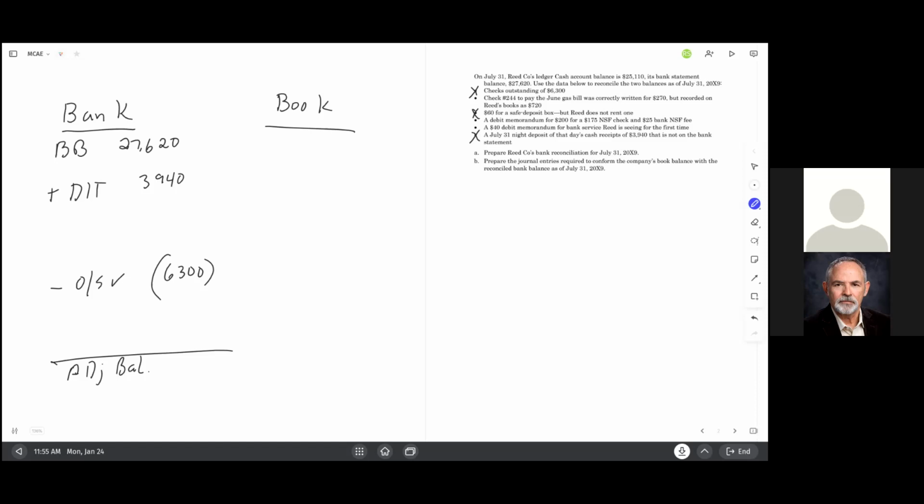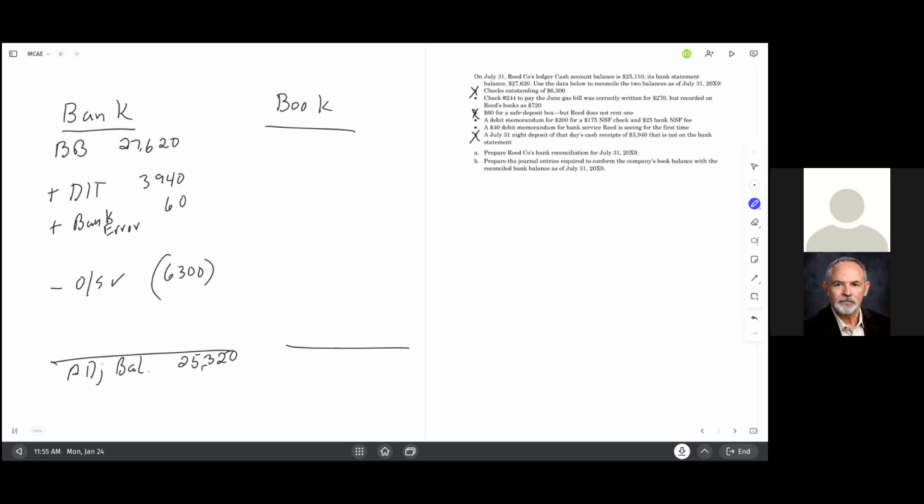So we got to add that bank error back in of $60. Now we can total all that up, and we get an adjusted balance of 25,320. So that's what we're going to reconcile to over here on the book side.